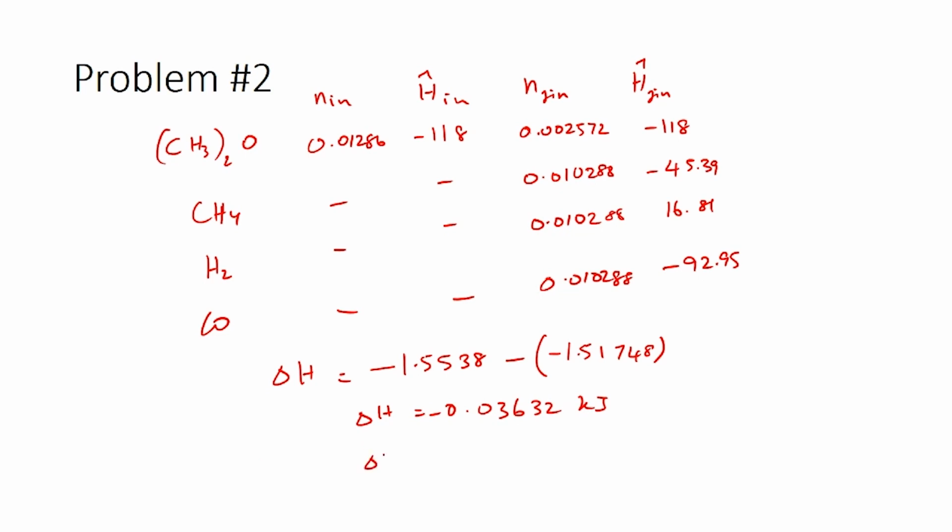And we now need the extent of reaction if we want to calculate the heat of reaction, because delta H is also equal to xi times delta HR at 600 degrees Celsius. So, now we need to know the value for xi, the extent of reaction. We can calculate xi as follows.